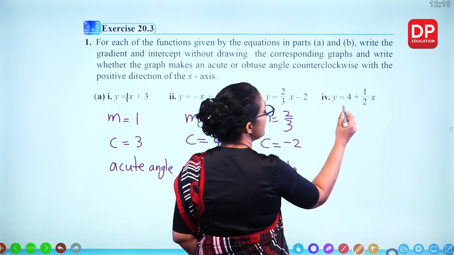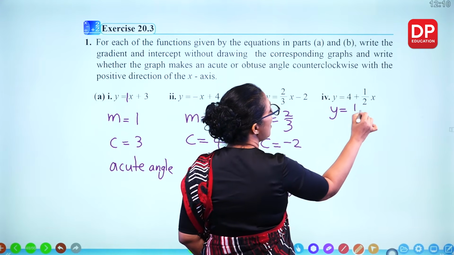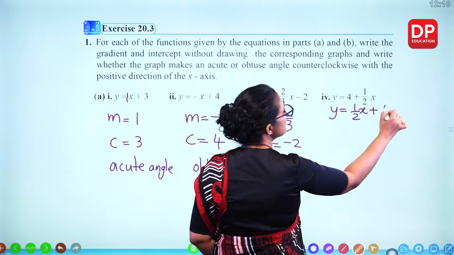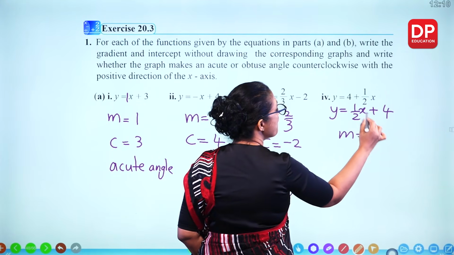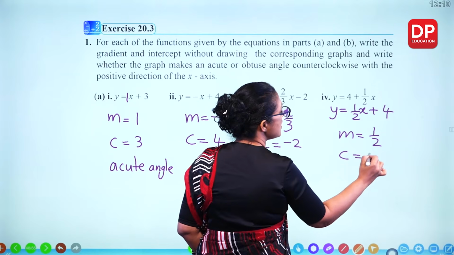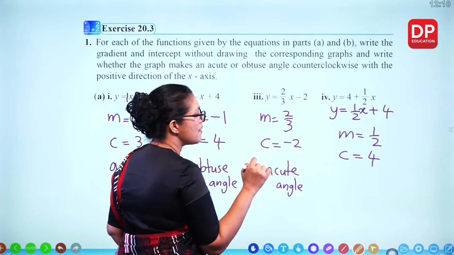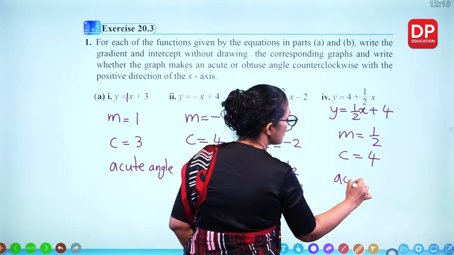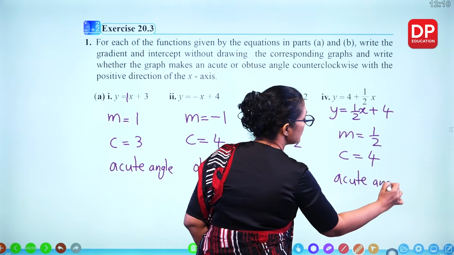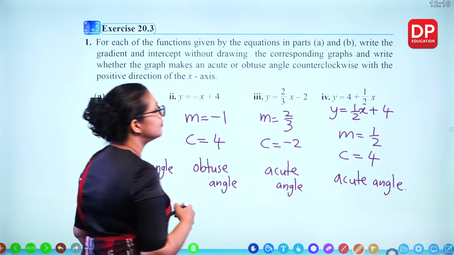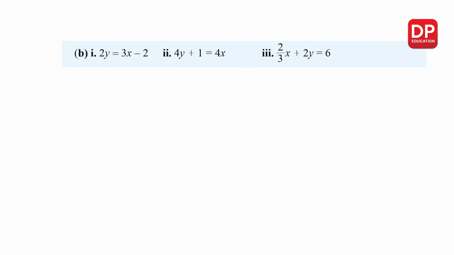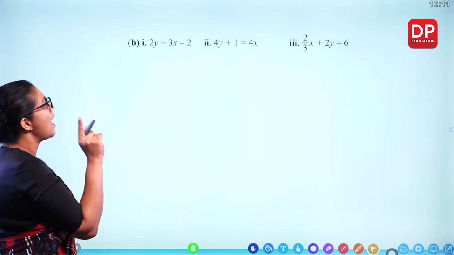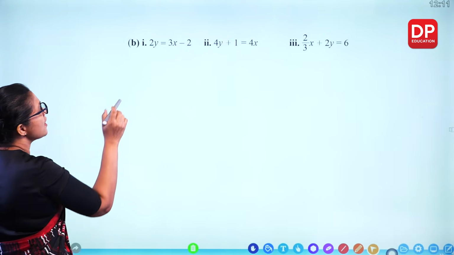This one, you have to rearrange it. Half x term first, and this is the other constant term. So what is M there? Half, and C is 4. Positive M, acute angle. Now these questions identify M. You have to rearrange and write down y equals mx plus c form.